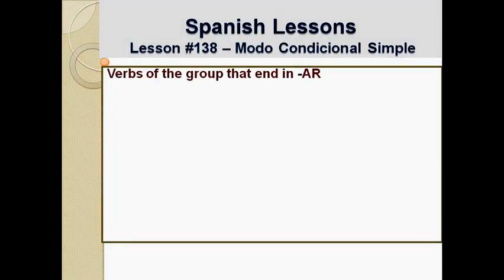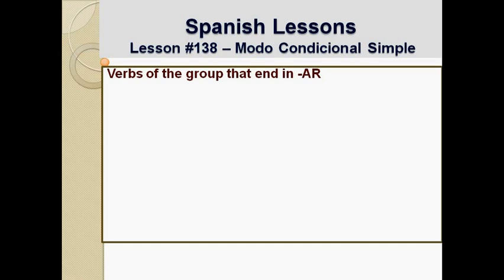We said before that Spanish verbs are classified into three big groups. The first group of Spanish verbs are those that end with the letters AR, right? The Spanish verbs that end in ar.